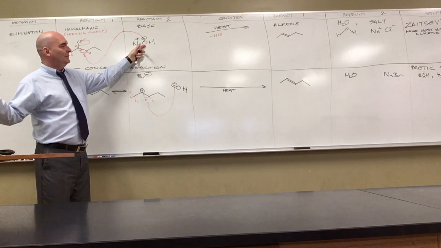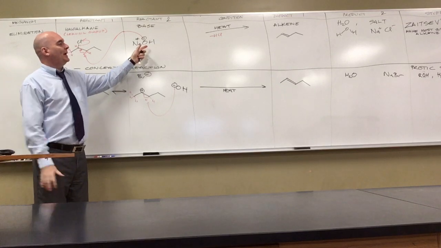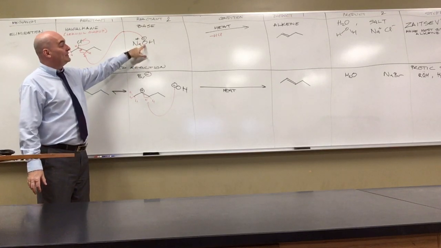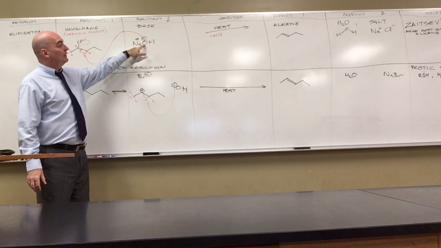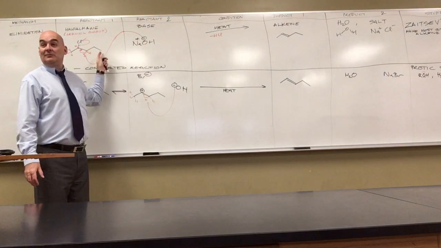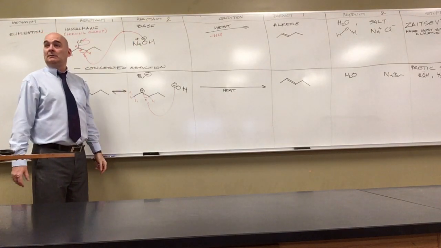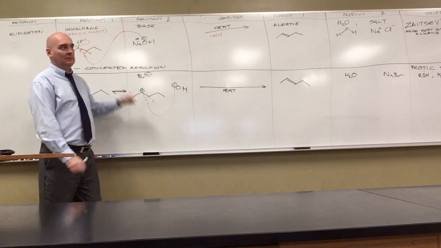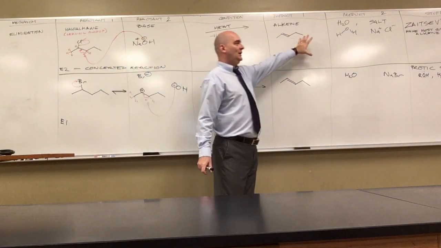So something not the extreme right-hand side. So that's a good base, which means whatever bond it just made, that bond is probably going to stick. And so this will turn into that.